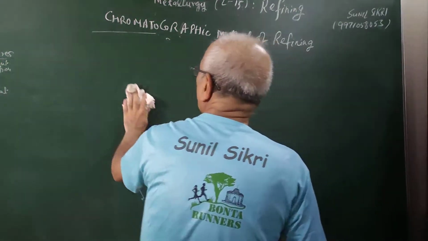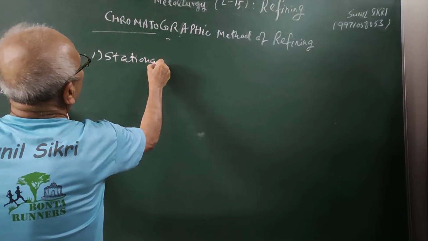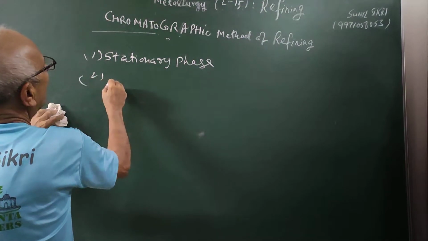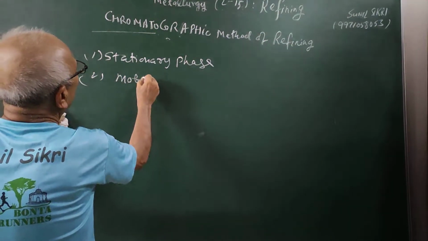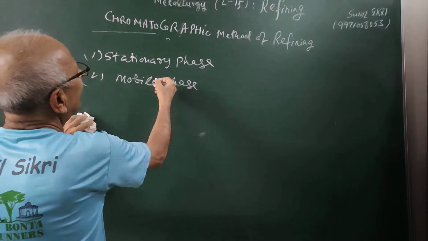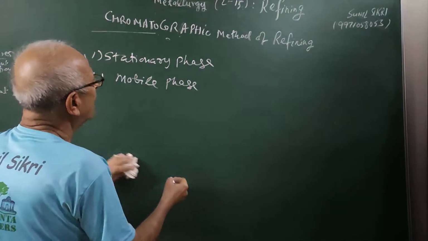One is called the stationary phase, and the second is called the mobile phase. Depending on the nature of the stationary and mobile phase, different types of chromatography are available.